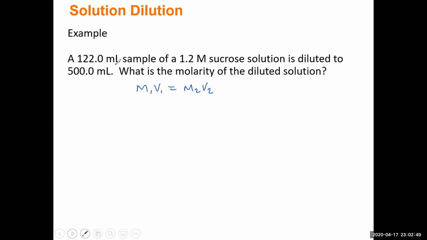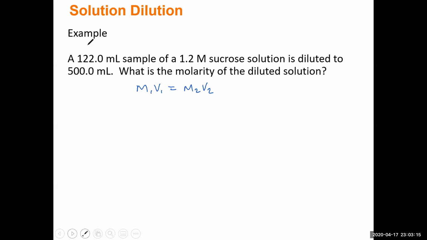As long as we use the same units of volume on both sides, we could use milliliters for both of them. So this way we don't have to convert into liters. Although you can convert both of your volumes into liters as well, but make sure you're consistent.